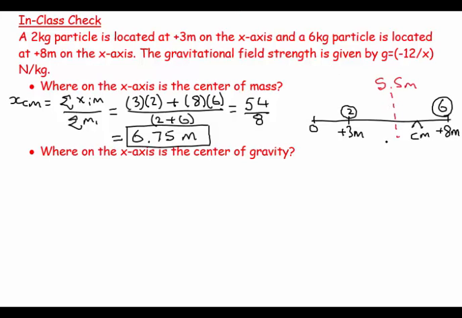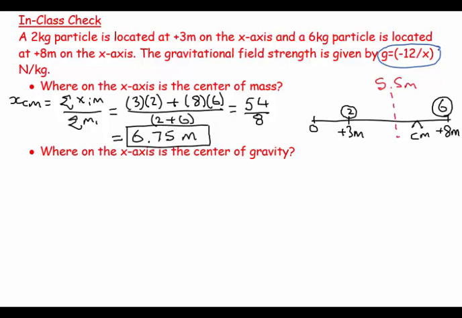Now my center of gravity, that's a different point in this case, because I don't have a uniform gravitational field. My gravitational field is given by this, and we're used to having g equals minus 10. It points downwards, and it's 10 newtons per kilogram, and it's constant.